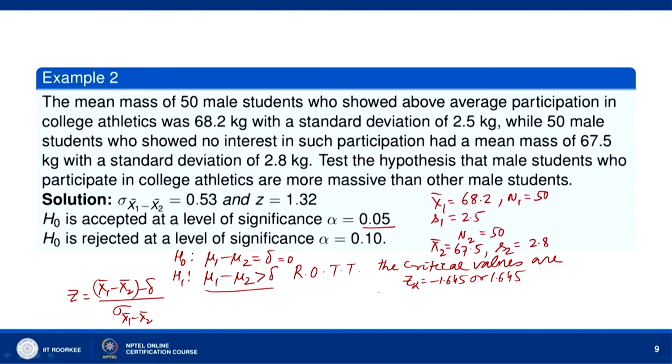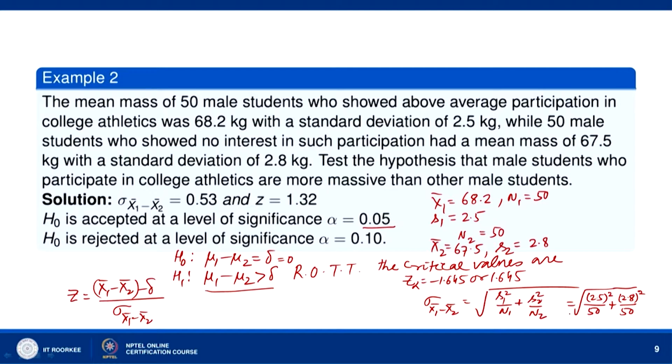And we know that sigma of x1 bar minus x2 bar is equal to square root of S1 square by N1 plus S2 square by N2. This is equal to square root of 2.5 square divided by 50 plus 2.8 square divided by 50.